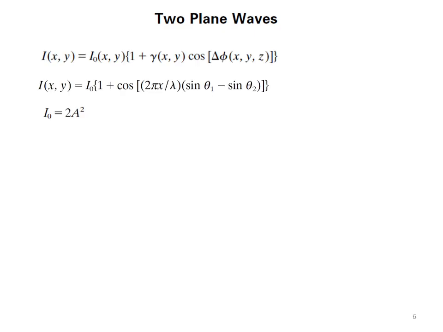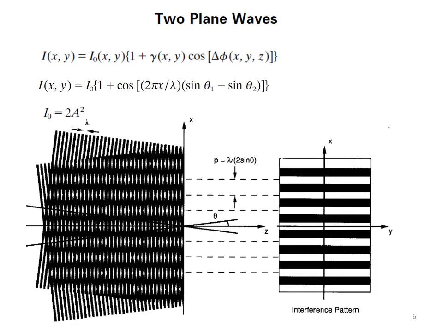Before we move to the fringe periodicity, let me answer it here. If we see the intensity as a function of x and y, we will see that on the right hand side only x appears, there is no y on the right hand side.